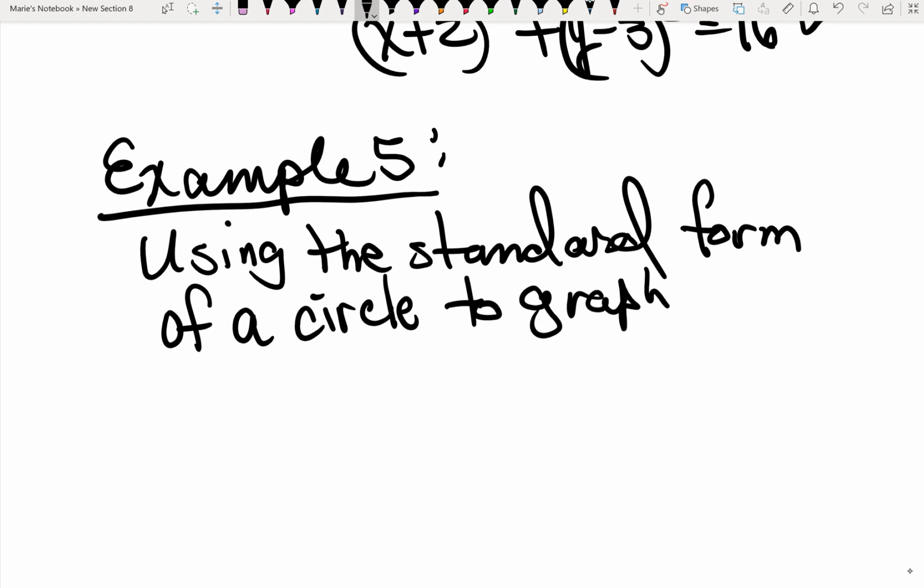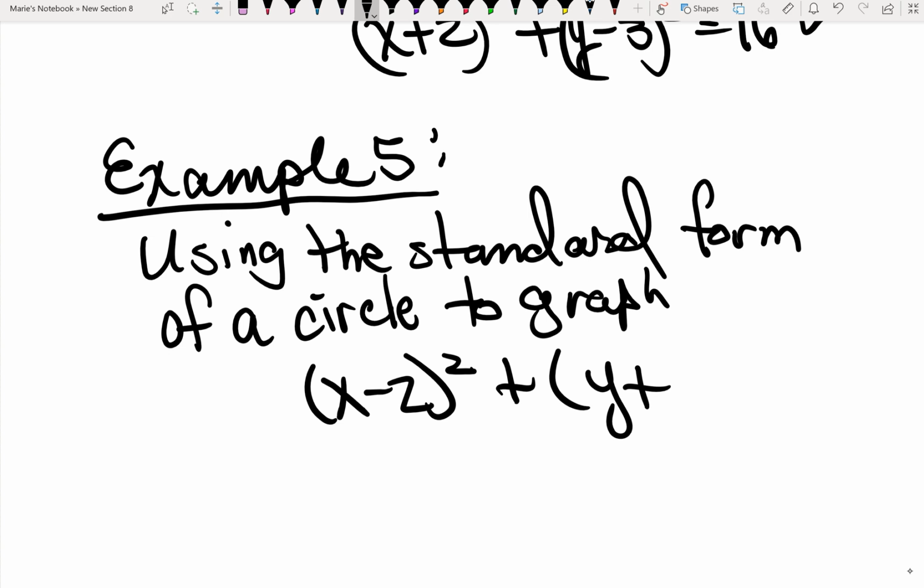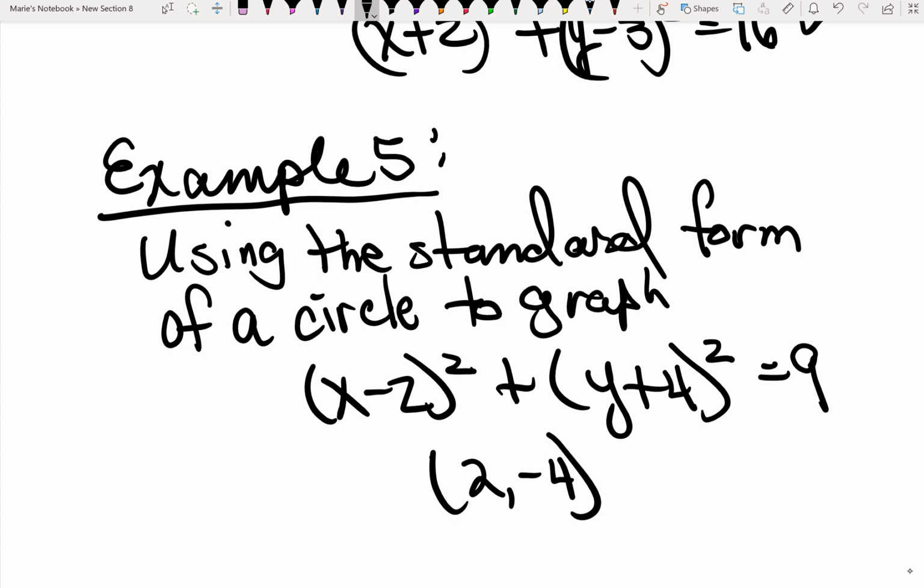And so they're going to start us with x minus 2 squared plus y plus 4 squared is equal to 9. So the center is 2, negative 4. Remember, the signs will always be the opposite of what you see here. And because the radius is going to be equal to the square root of 9, our answer here is 3. Always the positive. Remember, distance is always positive.